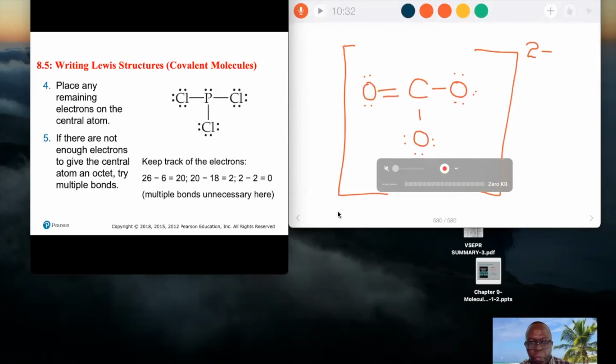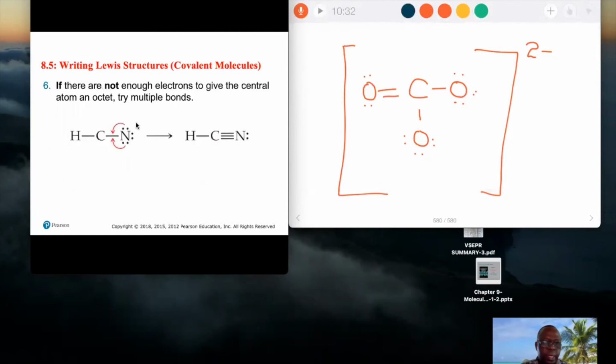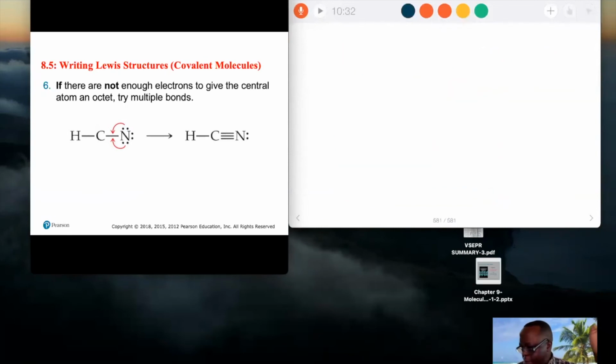I want you to know that you don't do it just the way we do with the neutral molecules. For polyatomic ions, use parentheses. So next time you see a big parenthesis, it is because of a polyatomic ion. Now you may be given in the exam or in the quiz the chemical name, such as nitrate.